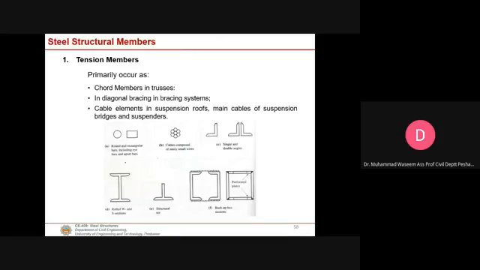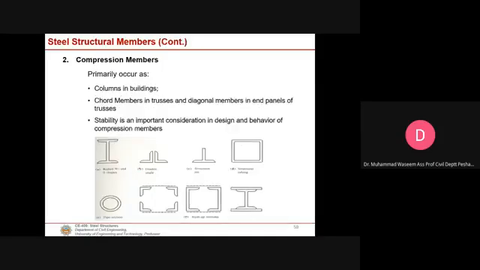These are the shapes you will be using when designing a compression member. You can use wide flange, double angle, structural T, combinations of these sections, or built-up sections.